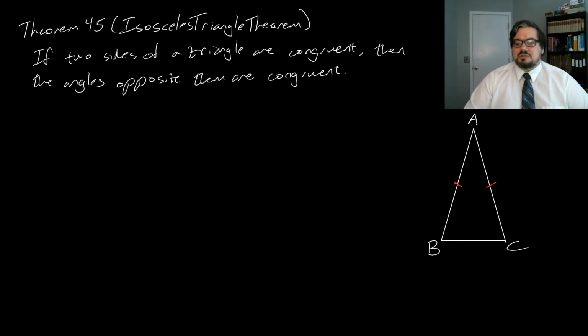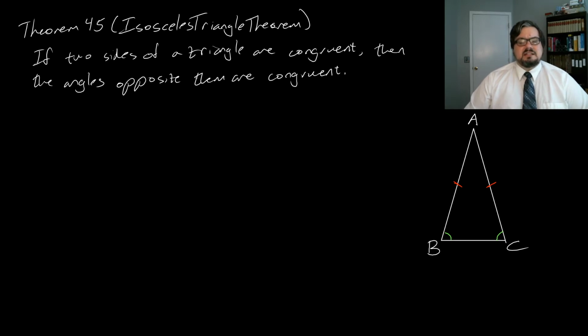And what we're supposed to try and prove is that the angles opposite them are congruent. So angles opposite congruent sides are congruent. So we're going to prove this via an application of side angle side.